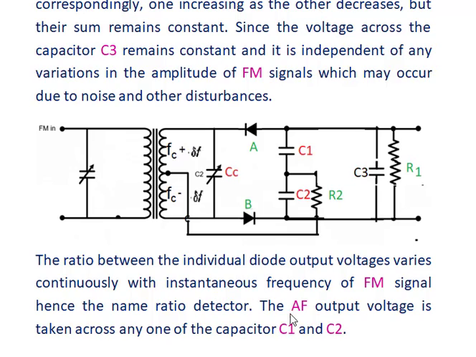The audio frequency output, that is the low frequency message carrying signal, is called AF. Its output voltage is taken across any one of the capacitors or across R. So the original message carrying signal is recovered from this circuit.